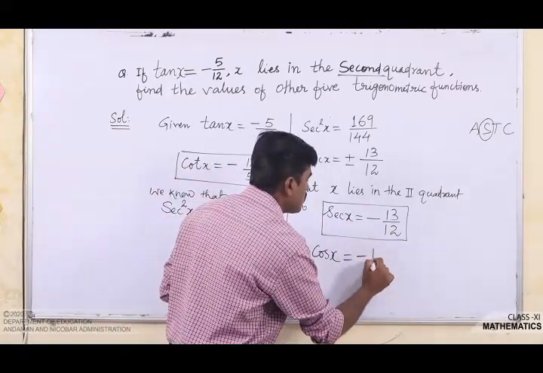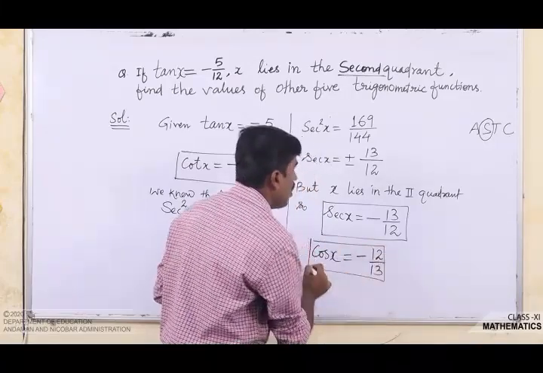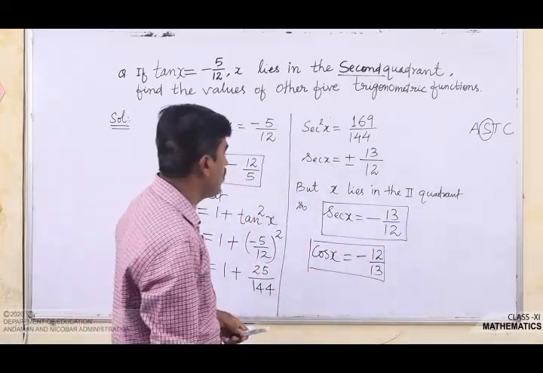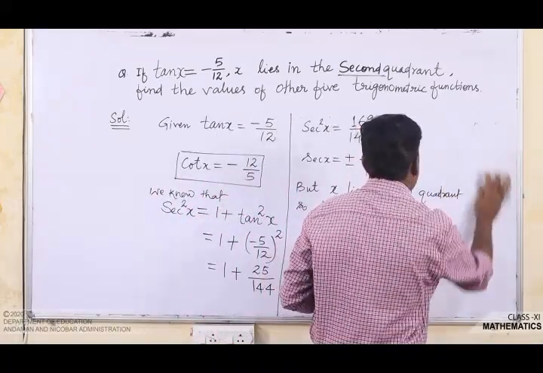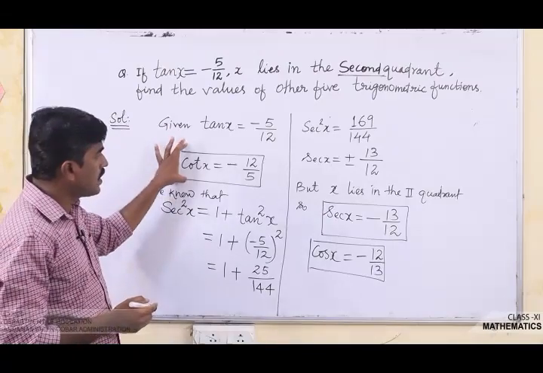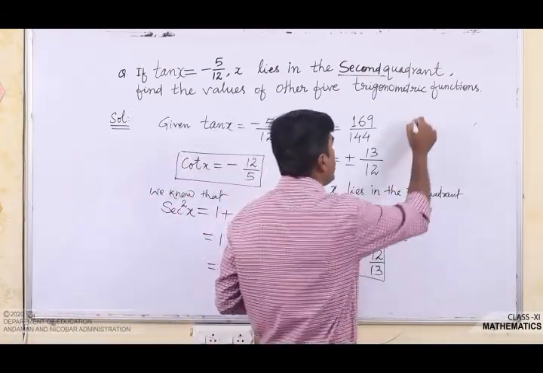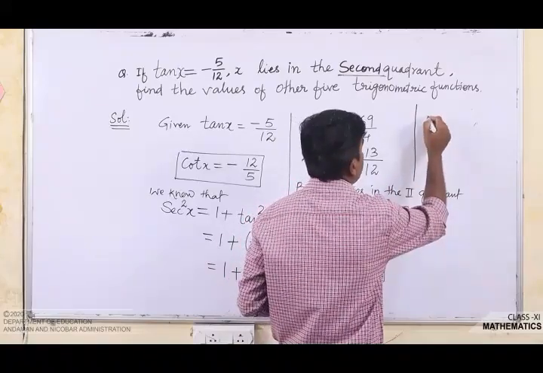So cos x is minus 12 divided by 13. Now we have to find the value of sin x. We got the values of cot x, sec x and cos x. Now we will find the value of sin x.